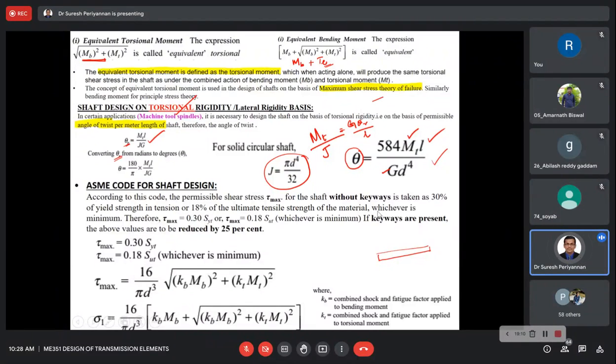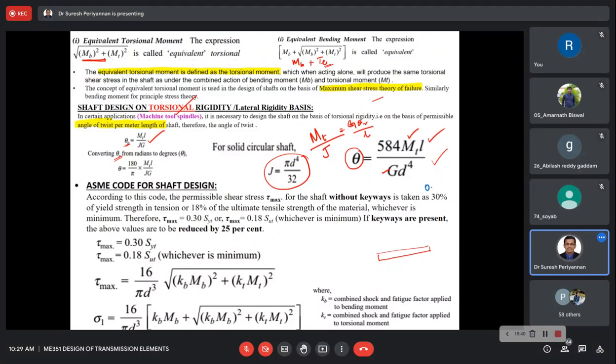For a screwed or threaded portion, different values might be used, the KB and KT values. I will tell you what the KB and KT values are. According to this code, the permissible shear stress tau max for the shaft without keys is 30% of the yield strength in tension, or 18% of the ultimate tensile strength.